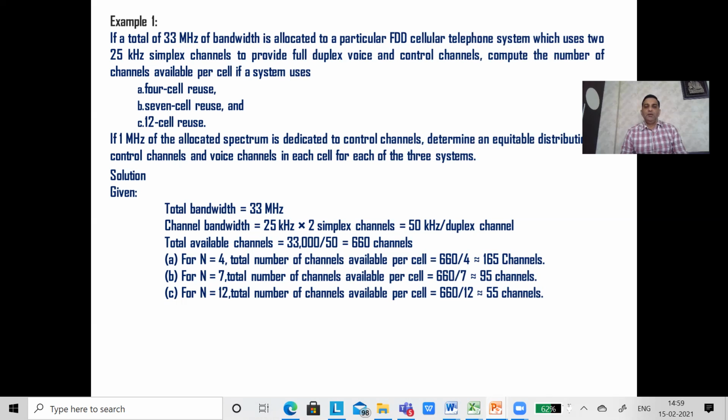Similarly, for system B, capital N is equal to 7, and the number of channels available per cell is 660 by 7, that is 95 channels. For system C, N is equal to 12. The total number of channels available per cell is 660 by 12, that is equal to 55 channels.